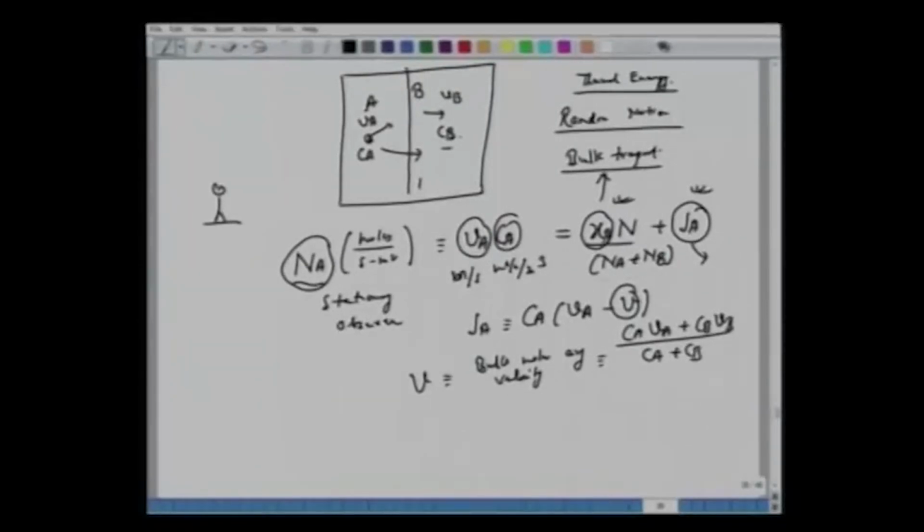In other words, it's possible that NA plus NB is 0, so there is no XA N, N equal to 0, but still, because of concentration difference, by Fick's law one can measure this JA, which is CA, concentration of species A, times velocity VA over and above this bulk average velocity. So this JA we can rewrite as CA times (VA minus V), which we have defined here, and this is equal to minus DAB del CA over del Z.